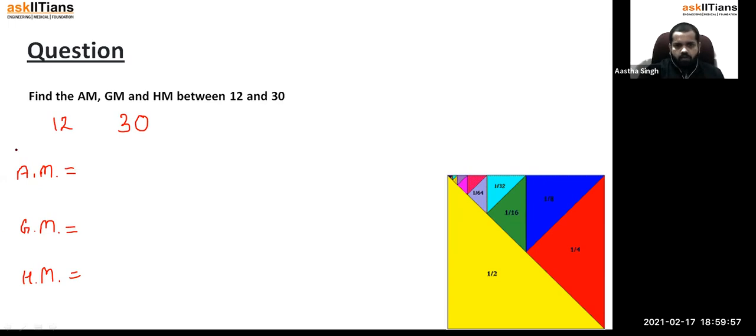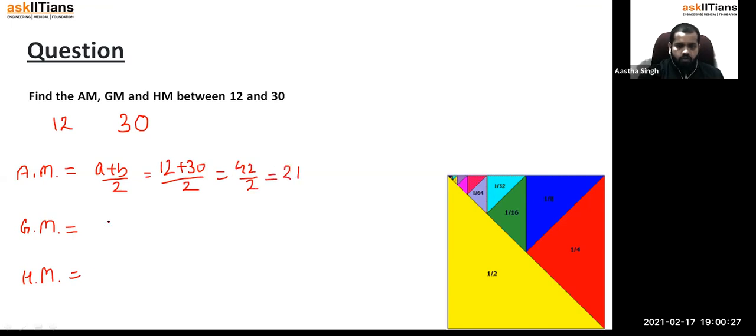Okay. So arithmetic mean is (a plus b) by 2. Two numbers are given, so it is 12 plus 30 by 2. 12 plus 30 is 42, by 2 is nothing but 21, right?